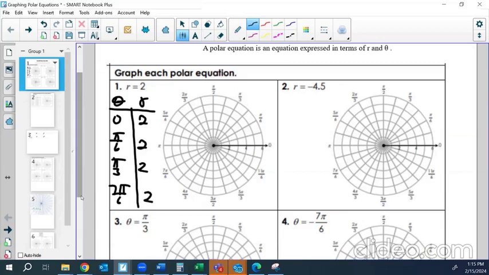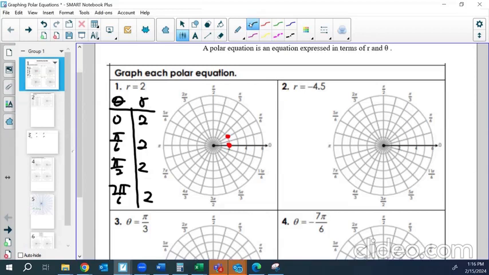When the angle is 0, r is 2. When the angle is pi over 6, what is r? It is still 2.